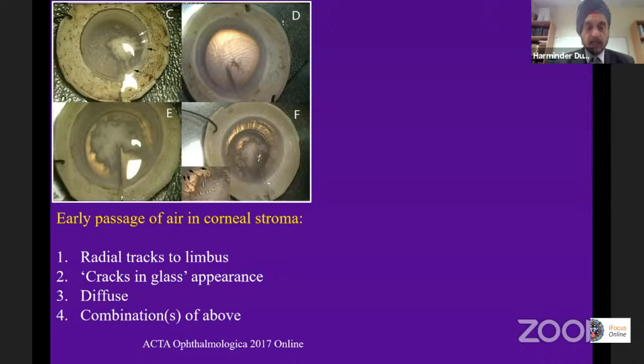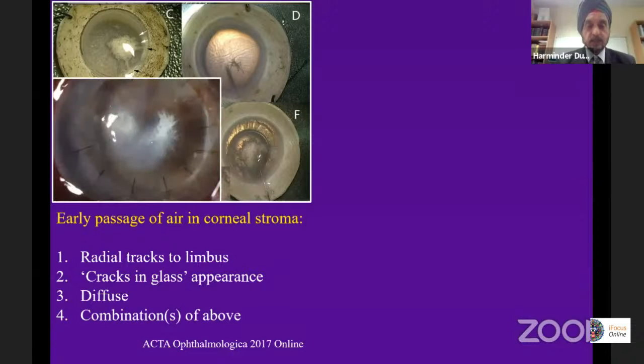Now, what is actually happening, as you see over here, when we get this condition called infectious crystalline keratopathy, and you see this Christmas tree pattern and these radial spokes, very much like this kind of a crack in the glass appearance. Now, this is telling us that the microbes are also following the same path as the lamellae would determine for them.